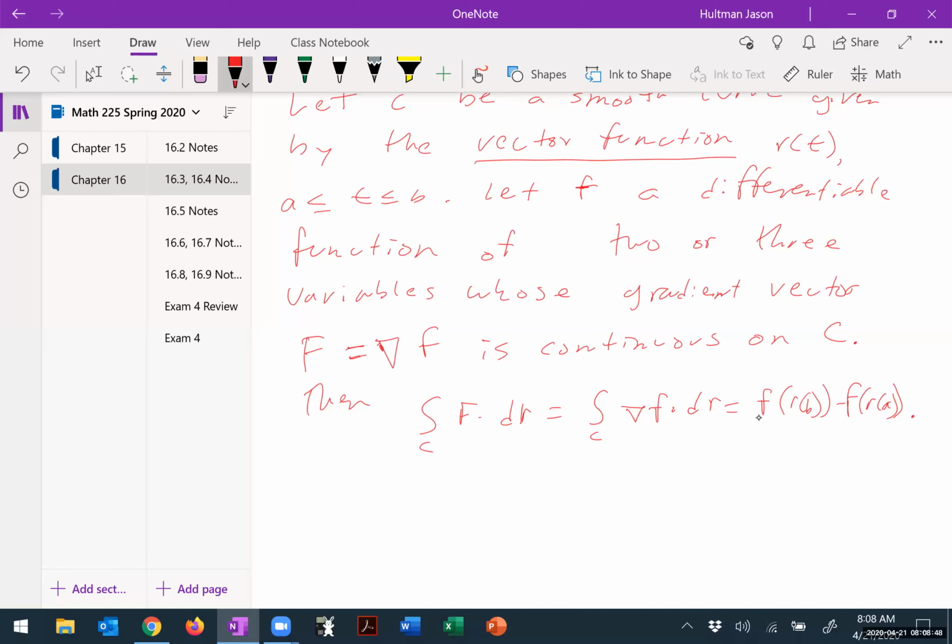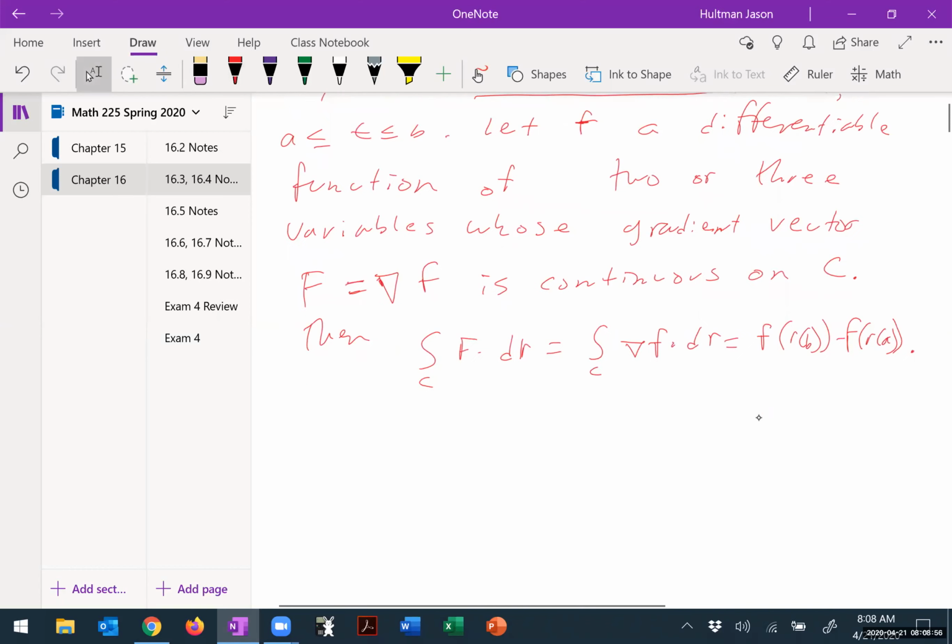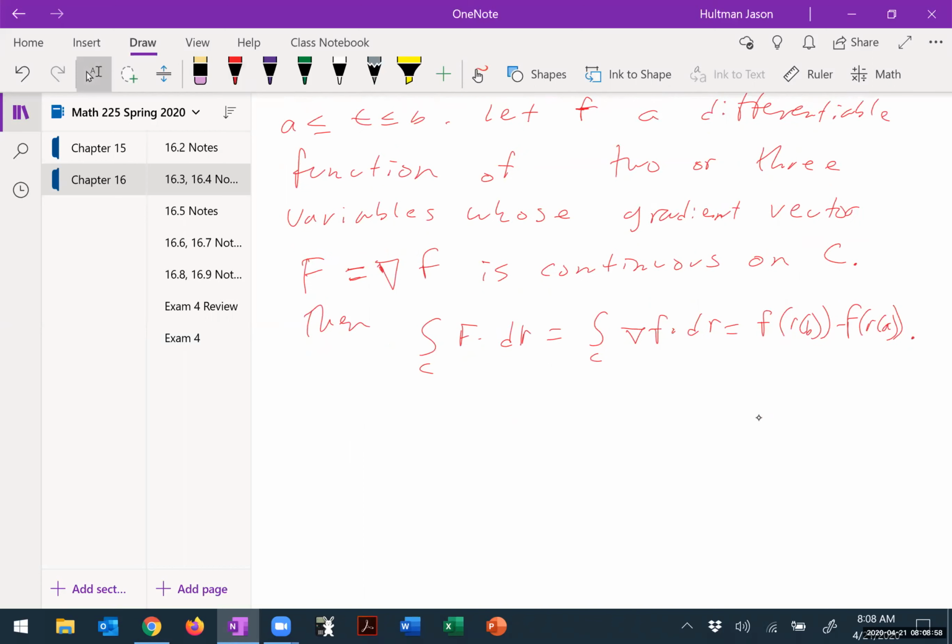But for right now, I don't want to say simplified, or simple, because this is anything but simple. But we're taking it step by step. Again, this is based on the fundamental theorem of calculus, but it's the fundamental theorem for line integrals.